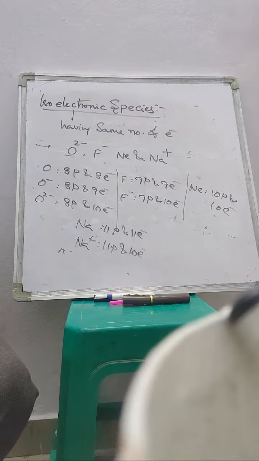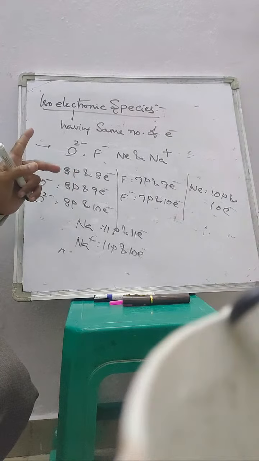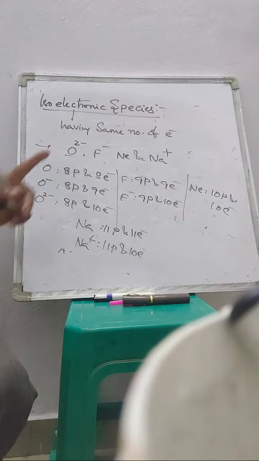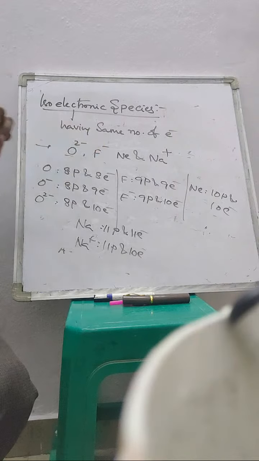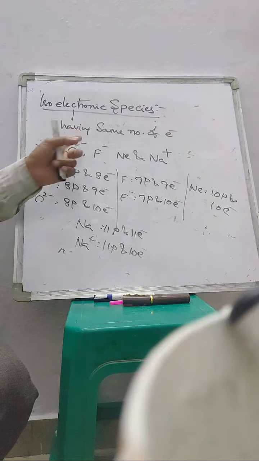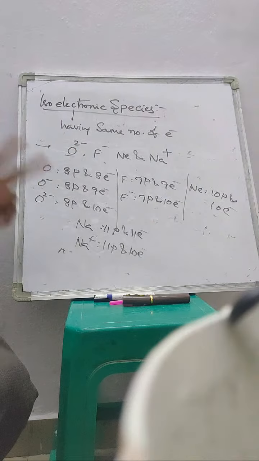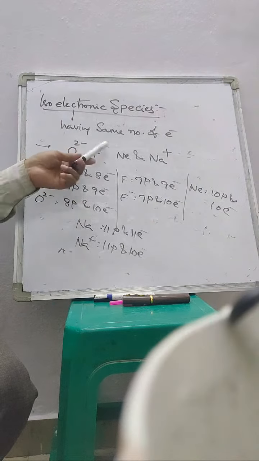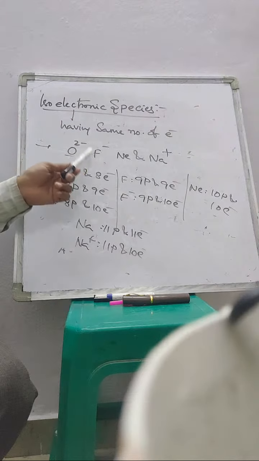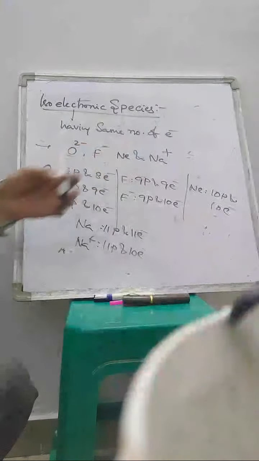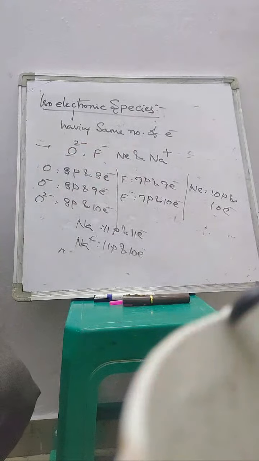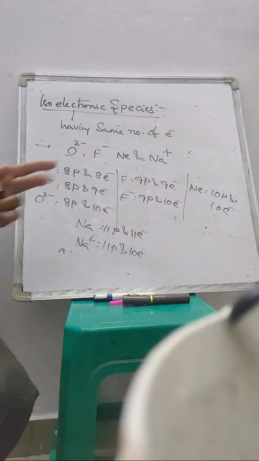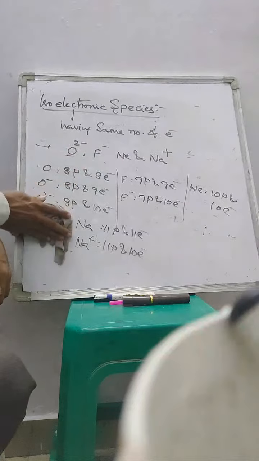If 1 minus is there, it has accepted 1 electron. If 2 minus is there, it has accepted 2 electrons. Similarly, n minus means it has accepted n electrons. Similarly, positive ions are formed by losing of electrons. 1 plus means it has lost 1 electron, 2 plus means it has lost 2 electrons, n plus means it has lost n electrons.